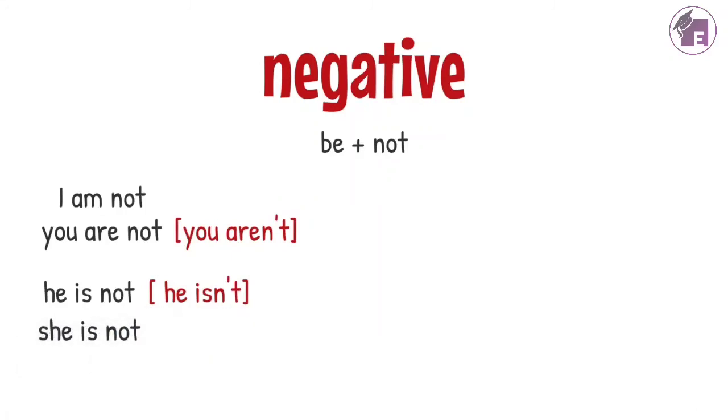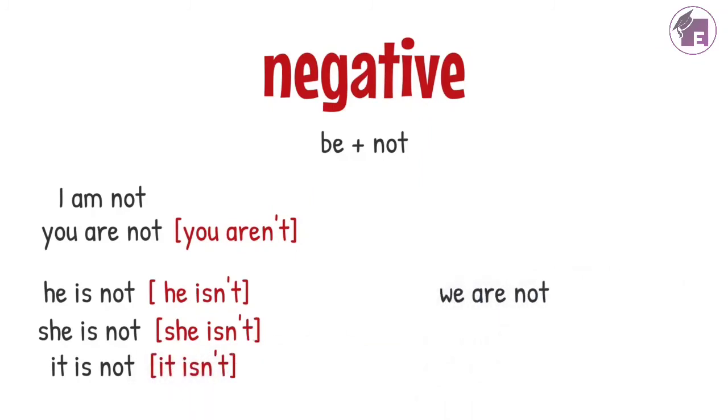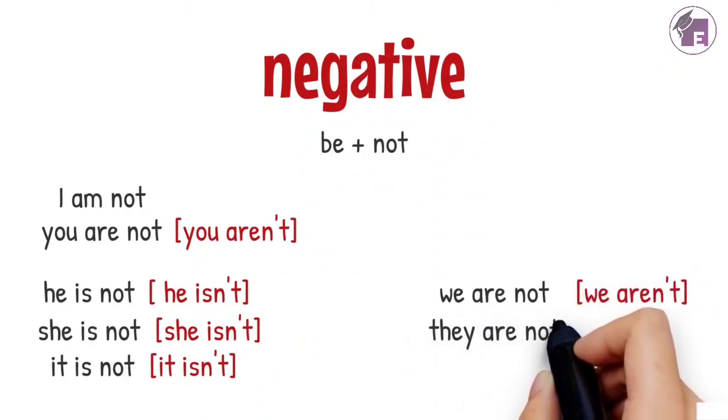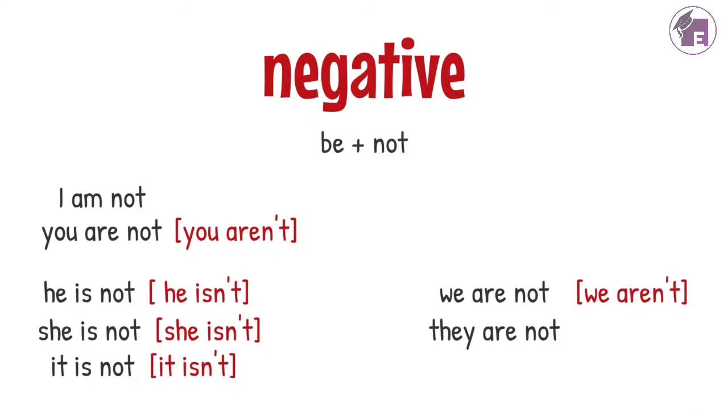She is not, or she isn't. It is not, or it isn't. We are not, or we aren't. They are not, or they aren't.